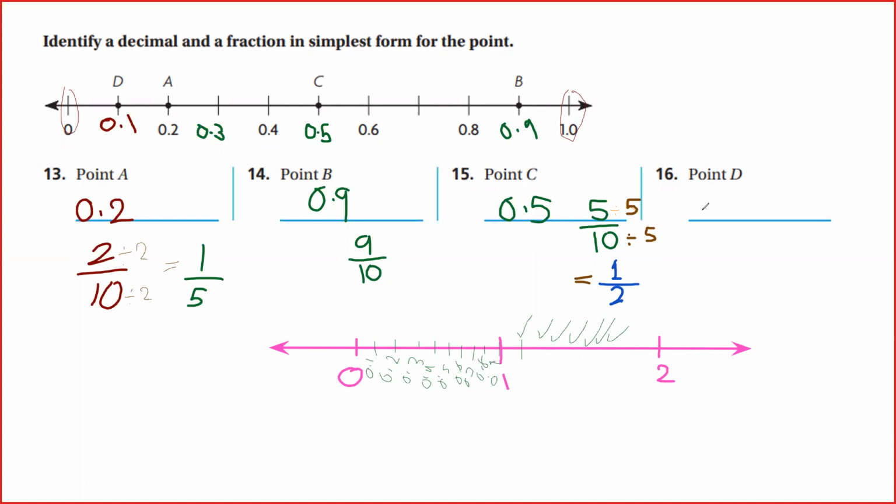Okay? Number 16 now. Point D. Yes, Dai. Here. Point D. What is the decimal number to represent point D? This is D. What is the decimal number here? 0.1. Bravo. How can you write it as a fraction?